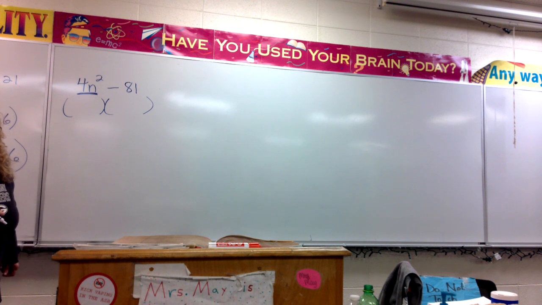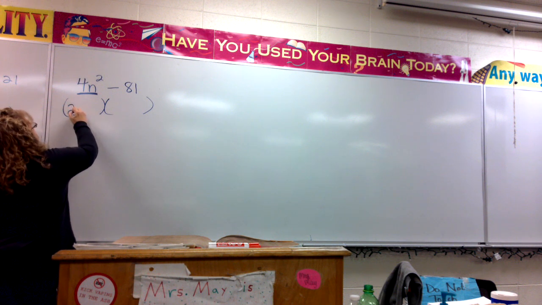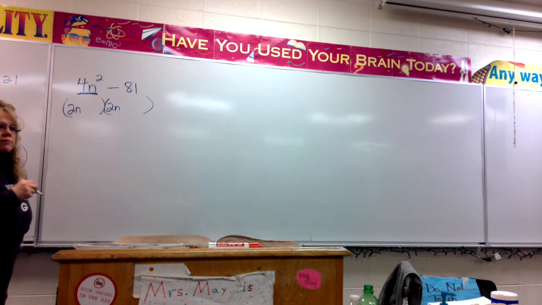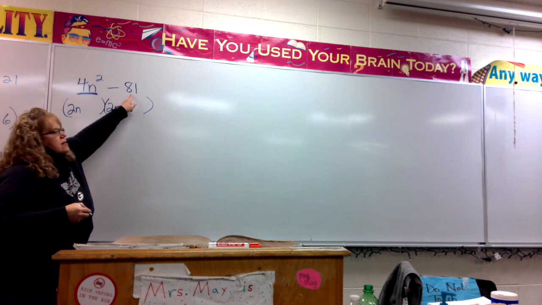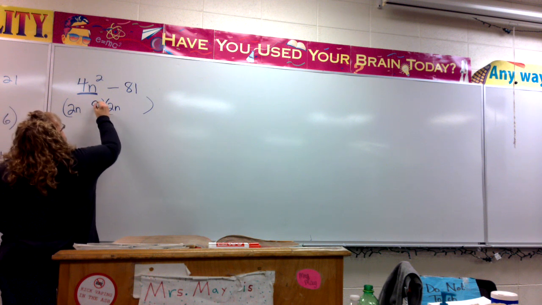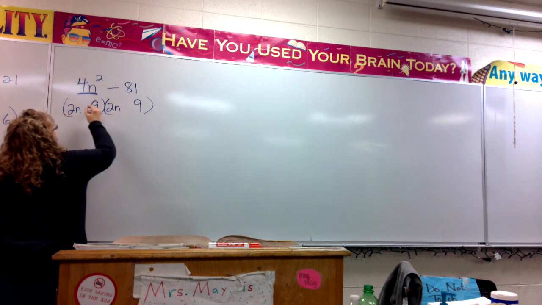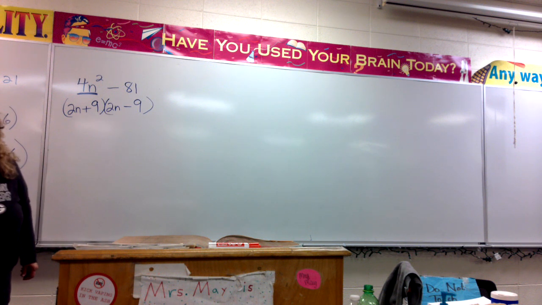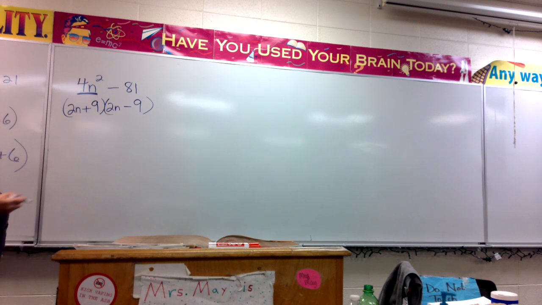What do you get, Sam? 2n and 2n for that part, right? And what about for the 81? 9 and 9. How about the signs? Has to be a positive and a negative for all of these, right? And that's what we did yesterday.